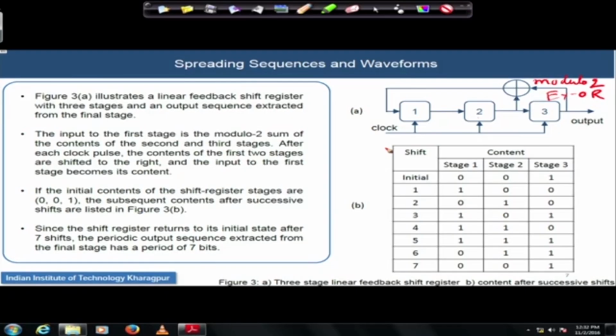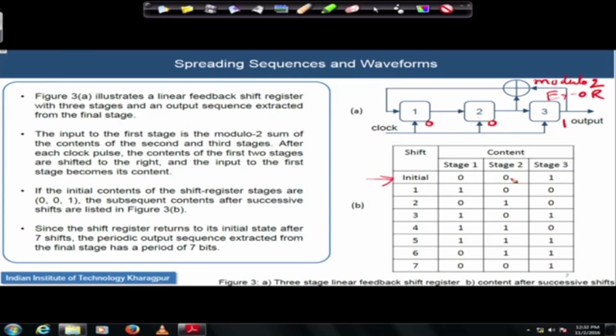Let us take an example where we have initialized this structure with a value of, say, 0, 0, 1, which is the initialization value shown in this table. On the arrival of the first clock pulse, as I explained, the values stored in stage 2 and stage 1 will be shifted.